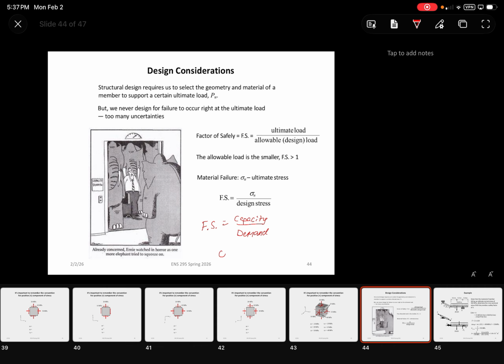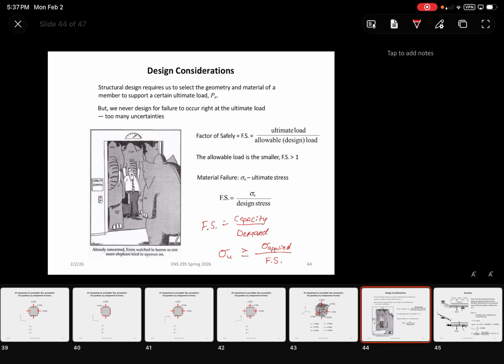So then sigma U, which is the ultimate stress that a material can undergo, has to be greater than or equal to the applied force divided by the factor of safety. Is that right? No, multiplied by the factor of safety.